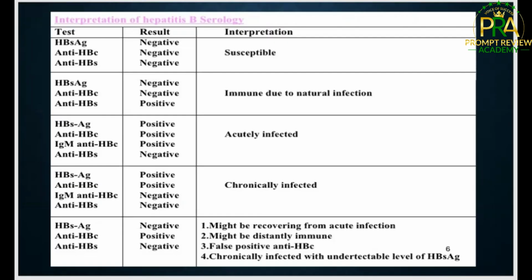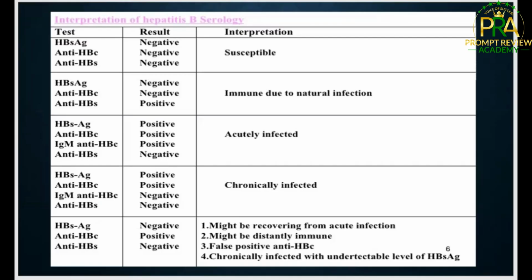If that is negative, that person is not infected. If the antibody anti HBc is negative, and the antibody HBs, all of them are negative, it shows that the person is susceptible.